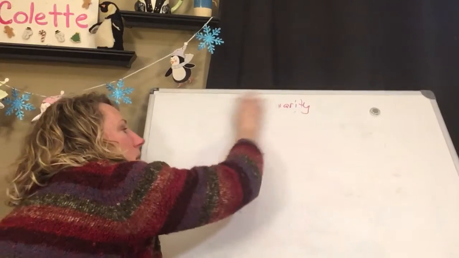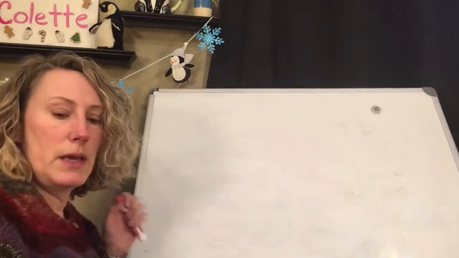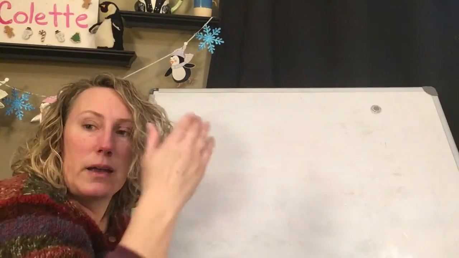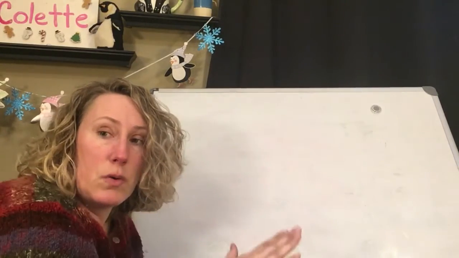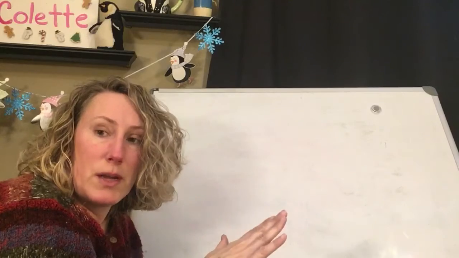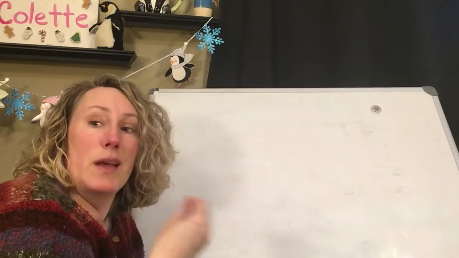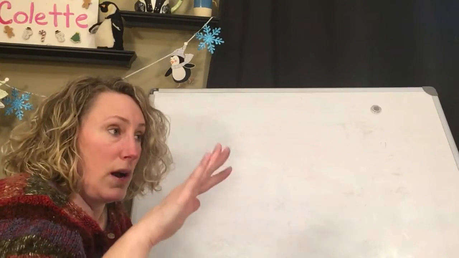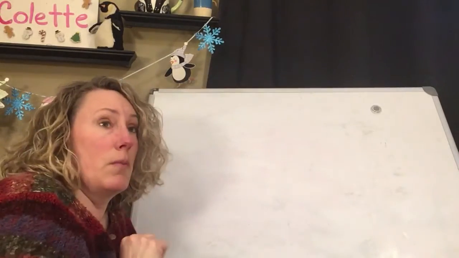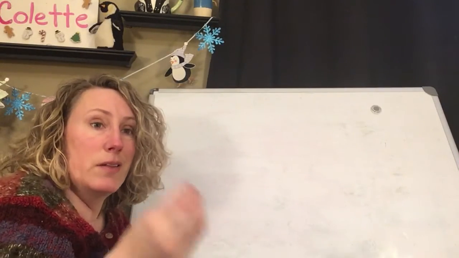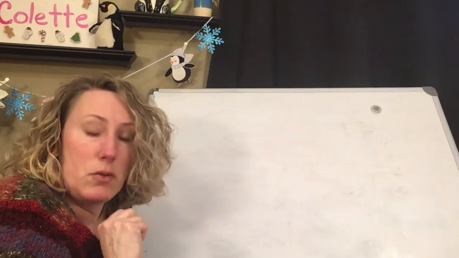The more pieces they break into, it can affect how much lower it makes the freezing point, like when you add salt to ice, or how much you can raise your boiling point, like when you add salt to your boiling water when you're making noodles.